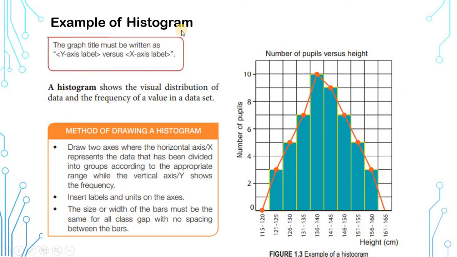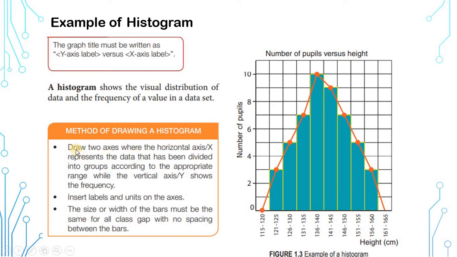Here is an example of a histogram. A histogram shows the visual distribution of data and the frequency of a value in a data set. So how do we draw a histogram?